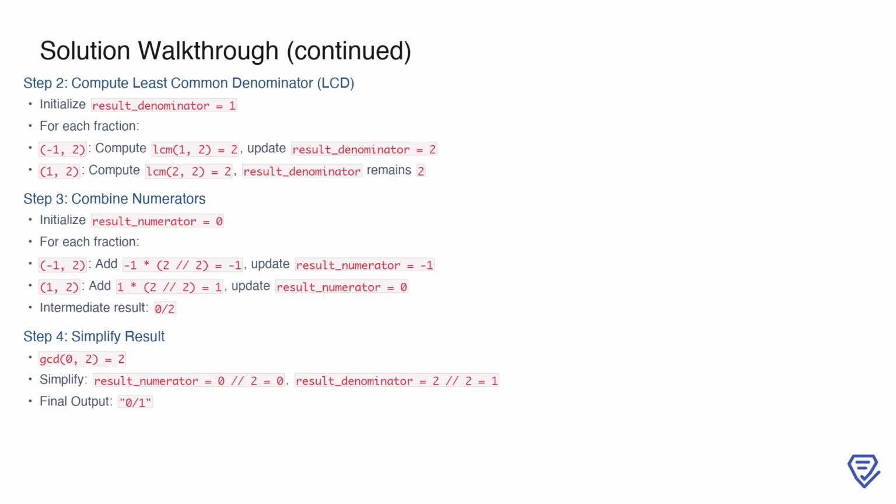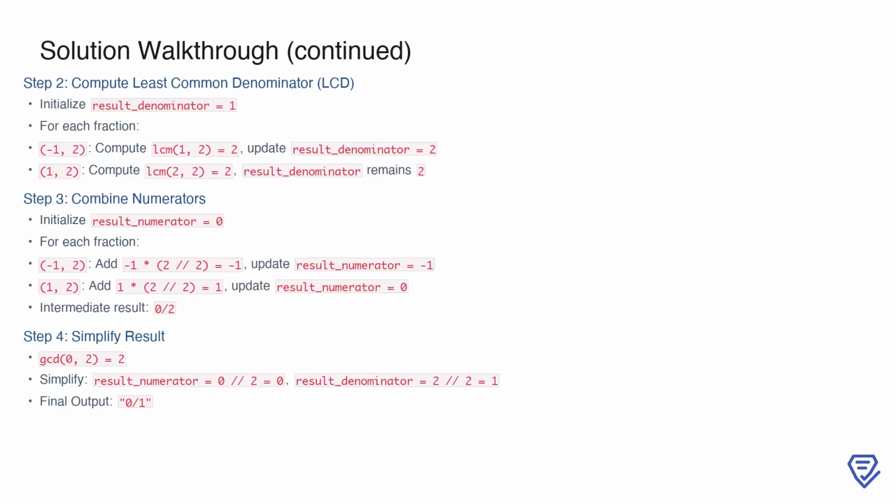We initialize the result_denominator as 1 and iterate over the fractions. For the first fraction, -1, 2, the least common multiple of 1 and 2 is 2, so we update the result_denominator to 2. The second fraction, 1, 2, doesn't change the denominator since the LCM of 2 and 2 remains 2. With the LCD determined, we move to combining the numerators.